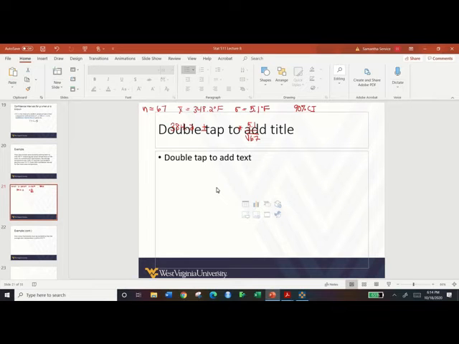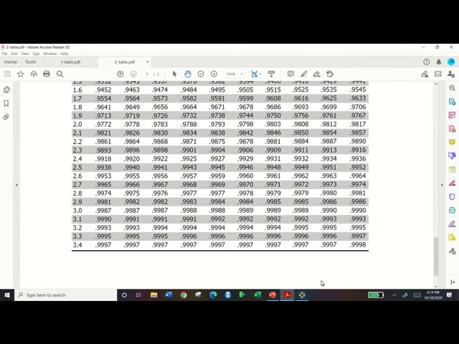And so what we're going to do, we want the 90% confidence level, which implies that we are going to be having an alpha level of 0.10, and we need to cut that in half, so that would be 0.05.